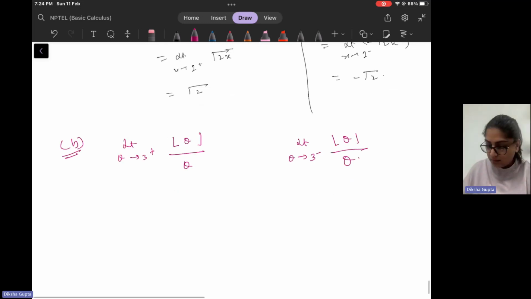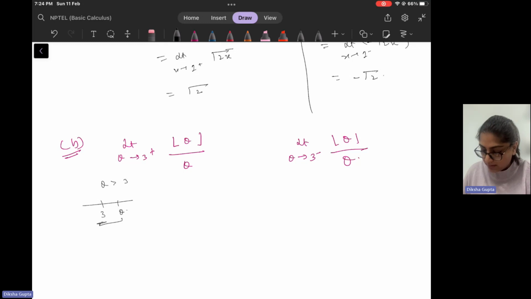Okay, so I think it's not difficult. When theta is greater than 3, theta lies somewhere here, so the greatest integer less than theta will be 3. So the floor function here will be 3. So limit theta tending to 3 plus, right?